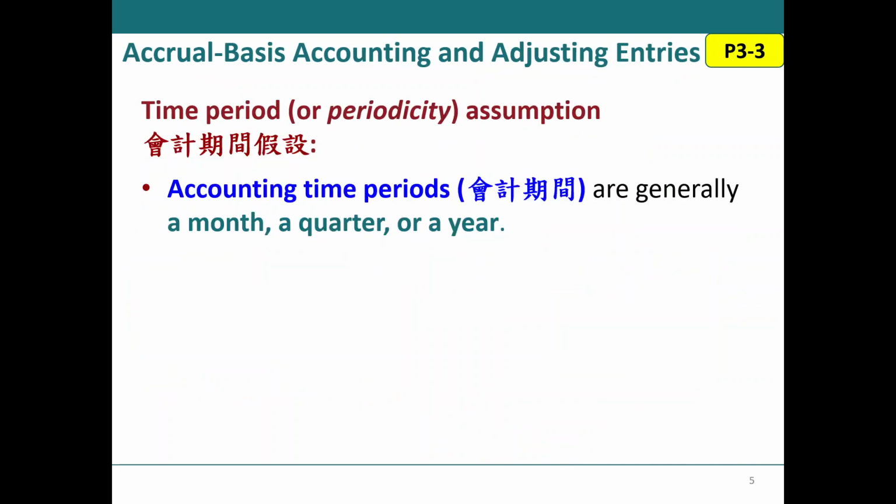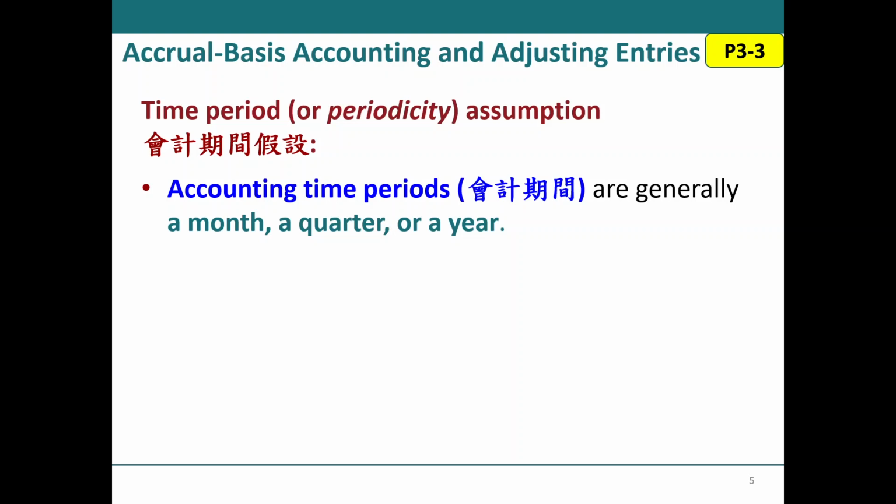So for accounting time periods, 会计期间, usually just as I said, a month, a quarter, or a year. I want to know the company's situation each month, each quarter, or each year.